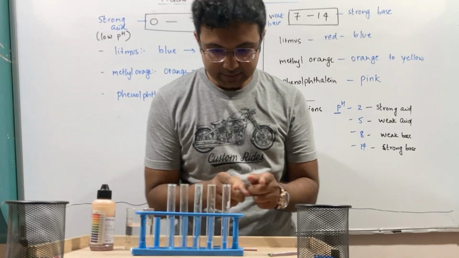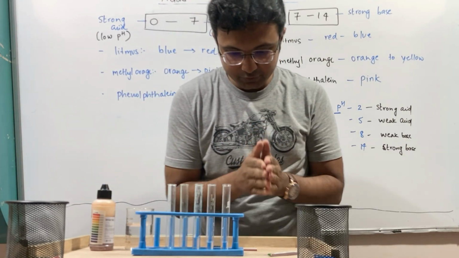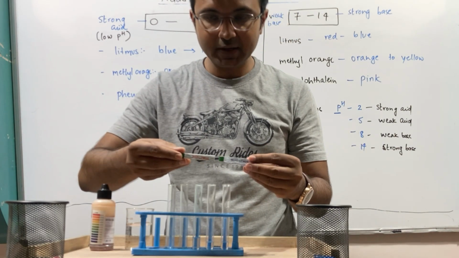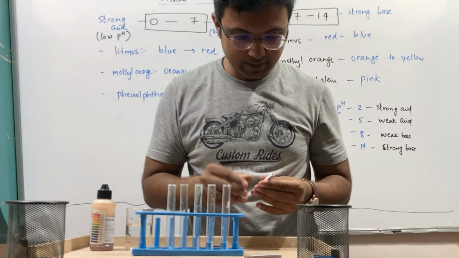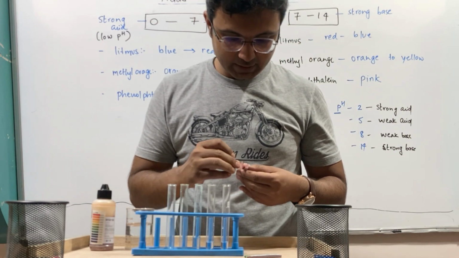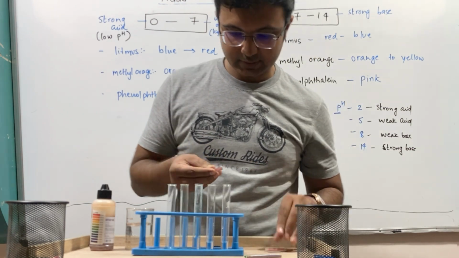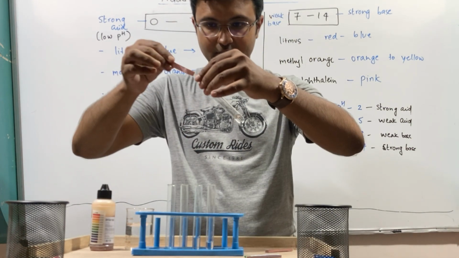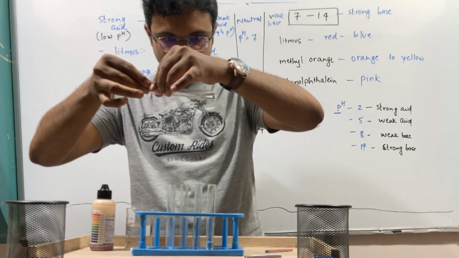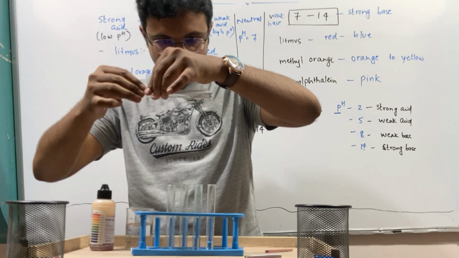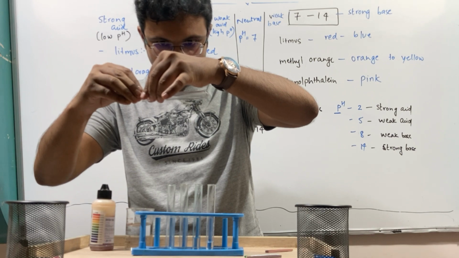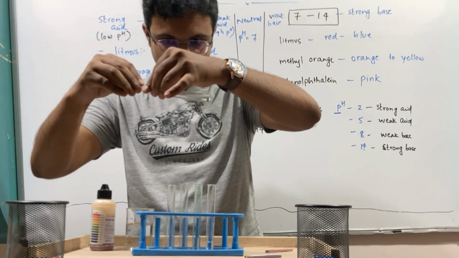Now dear students, let's check. I have 3 solutions with me, whether they are acid, base or neutral. I have litmus paper, one blue and one red. Let us check which one is an acid and which one is a base. First I am taking red litmus. Remember one thing, for litmus paper it should be moist, that means you have to check an aqueous solution.